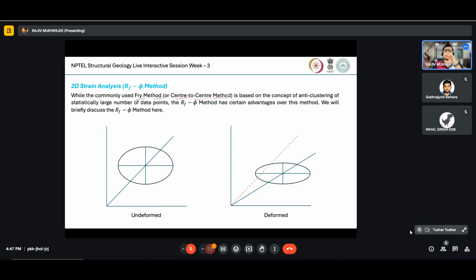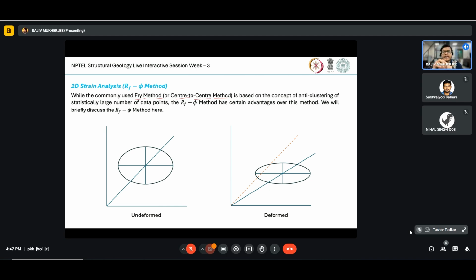You generally create an elliptical void by constantly joining the centers of the reference ellipse to the centers of the elliptical shapes that you have been provided with. And this void generally represents the strain ellipse in two dimensions for a given plane of orientation.